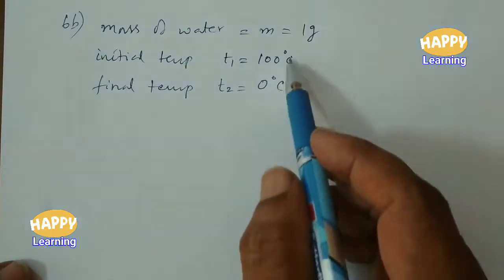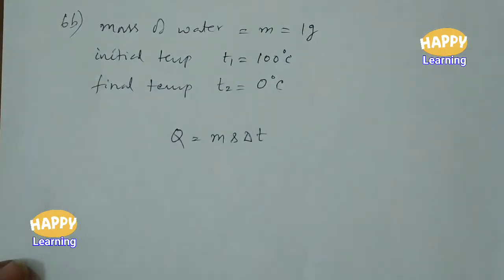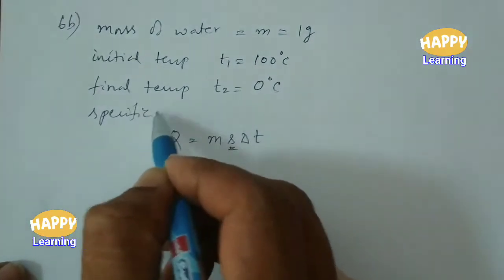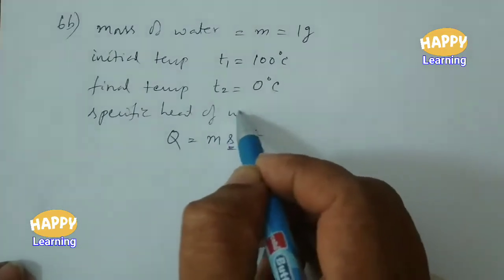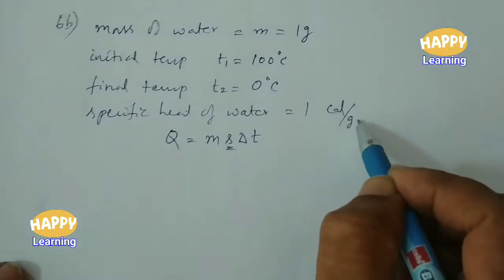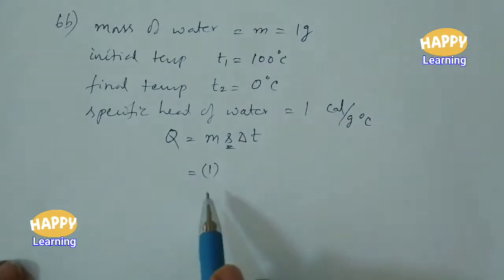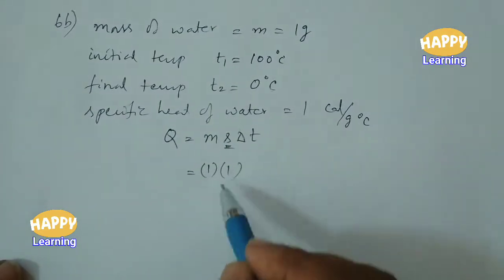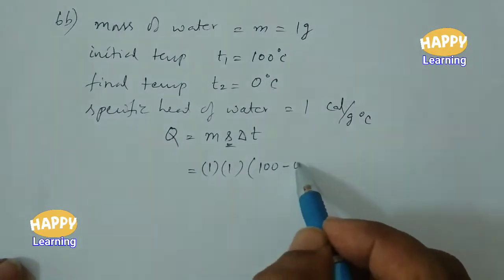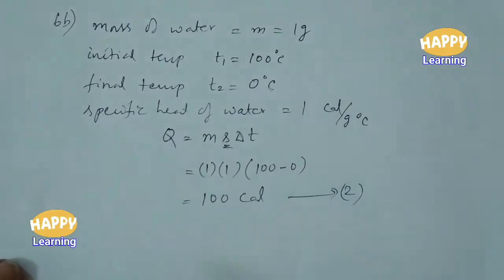As there is change of temperature, we need to use the formula m s delta T. This s is the specific heat of water, which is equal to 1 calorie per gram per degree Celsius. So on substitution, mass is 1 gram, specific heat value is 1, delta T is 100 minus 0. So this is equal to 100 calories. This is the answer.